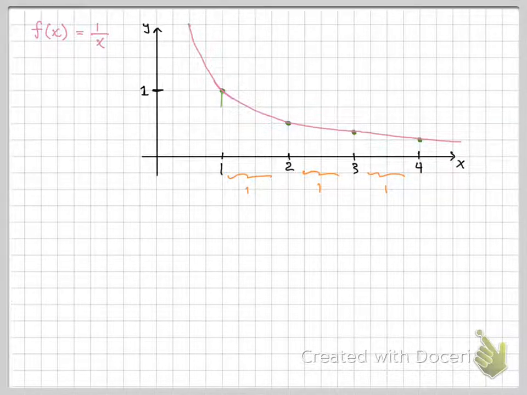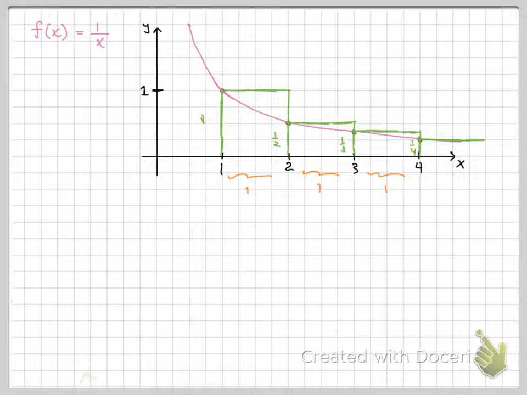We're actually going to look at almost like a Riemann sum, a box with the left endpoints using those actual heights. So this first box has a height of 1, the second has a height of 1/2, the third has a height of 1/3, and the fourth has a height of 1/4, so on and so forth.